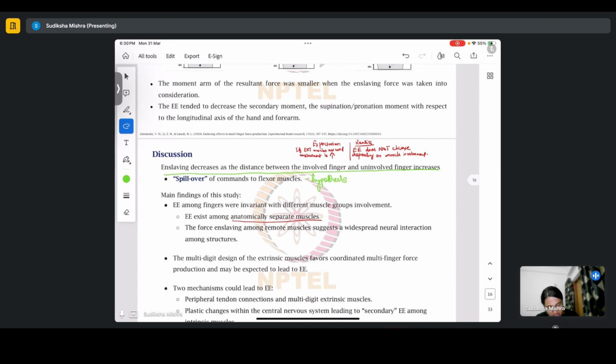The main findings were the enslavement effects among the fingers were invariant with different muscle groups involved.